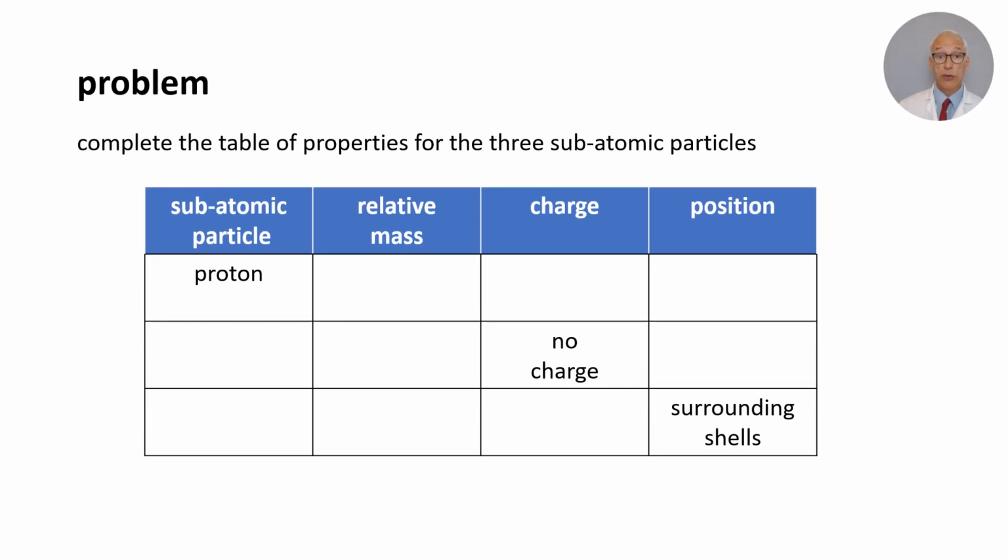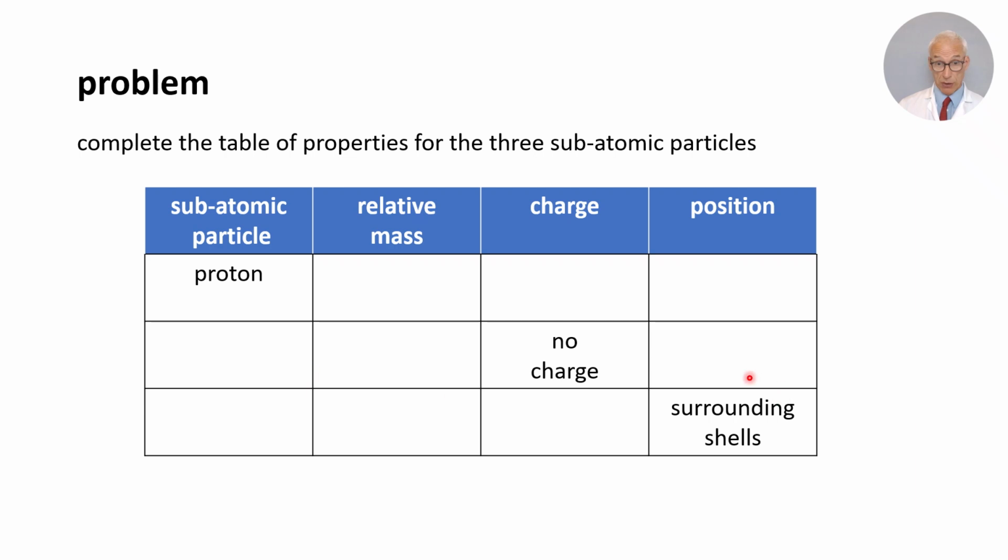Now, it may be useful to check that you have got all the facts of the nuclear model. Alternatively, you could skip ahead to the next slide. But I recommend you complete the table of properties for the three subatomic particles. For the proton, we need the details of relative mass, charge, and position.